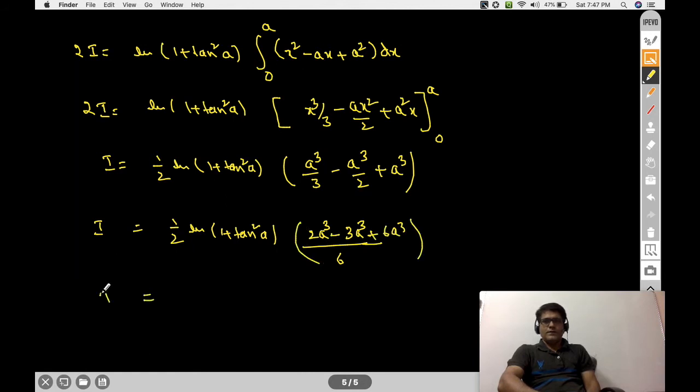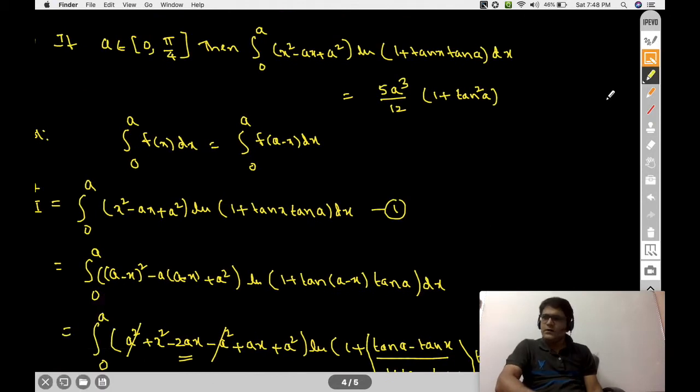So I is equal to this is 6 plus 2, 8 minus 3, therefore 5a cube by 6. What is the requirement? Okay, 5a cube by 6 into this 1 by 2 into ln of 1 plus tan square.